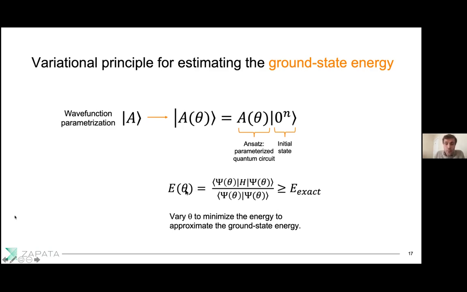And once some convergence has been reached, finding some minimum in the space of these parameters, this value is taken as a proxy of the ground state energy. And by the variational principle, this energy will be an upper bound to the true ground state energy.